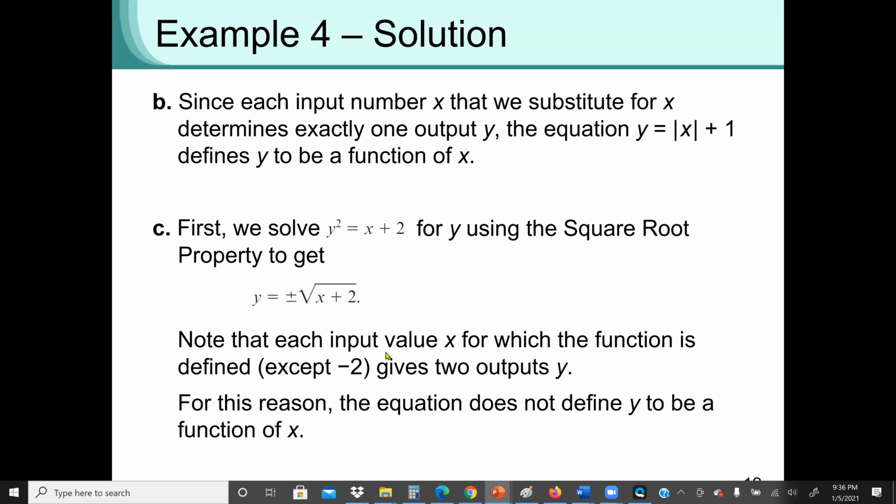So note that each value x for which the function is defined, except -2, gives 2 outputs. -2 will give us 0, because 0 is not positive or negative. But if the answer is 3, then it can be positive 3 and negative 3. If the answer is 100, positive 100, negative 100. So because we generate 2 answers for y, it's not a function.